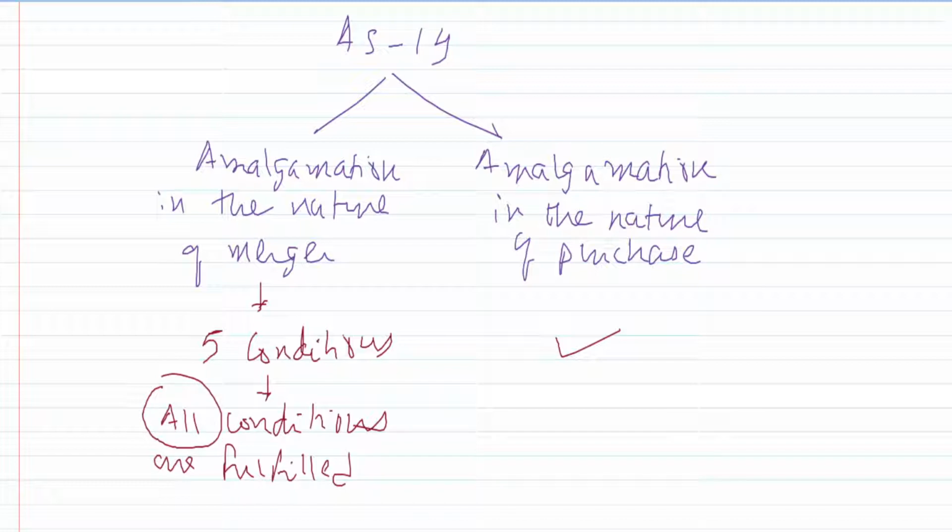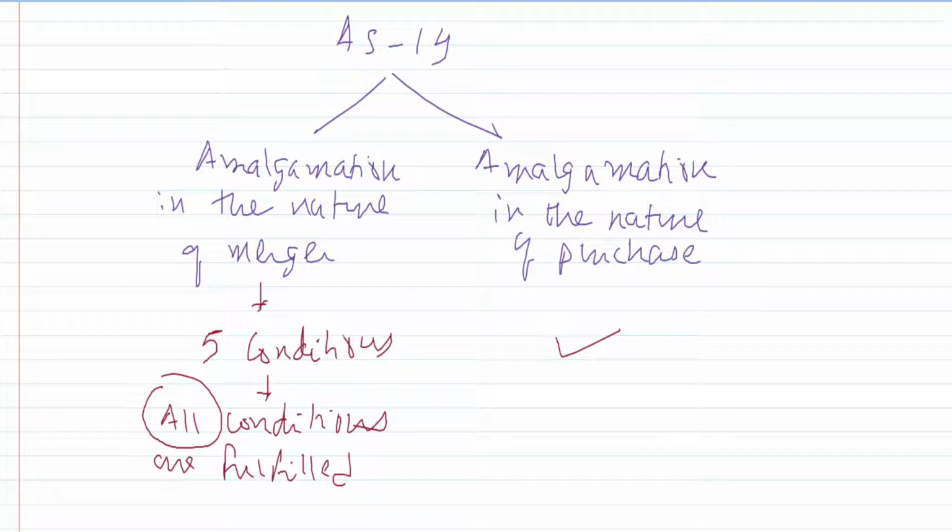We have to distinguish between amalgamation in the nature of merger and amalgamation in the nature of purchase. The reason being that the accounting as per AS14 will be different. Do you know what that means? Again, at the risk of repeating myself, amalgamation, absorption, external reconstruction, that difference is not important at all as far as AS14 is considered.